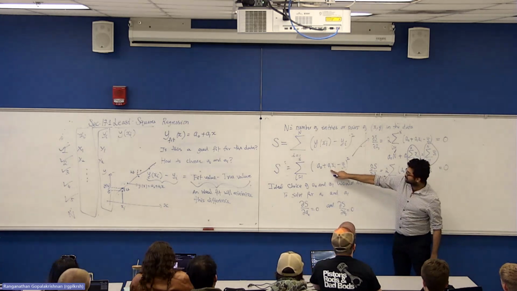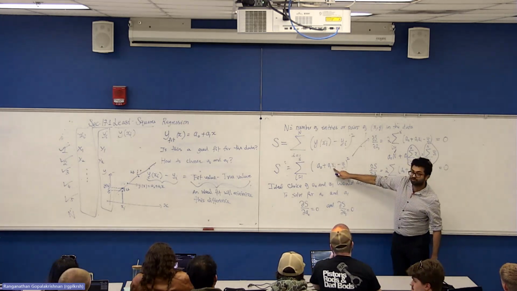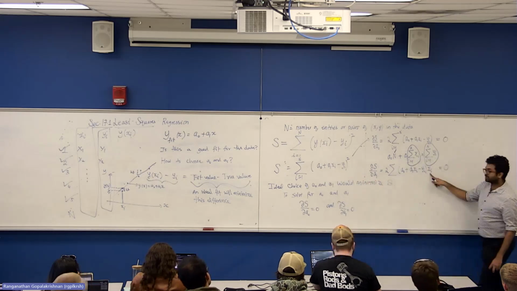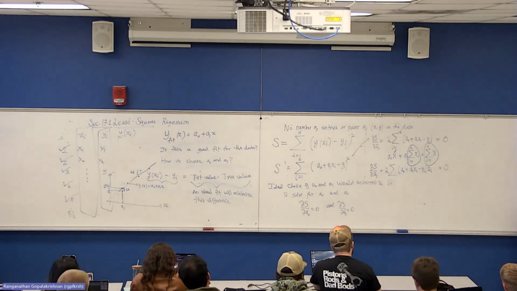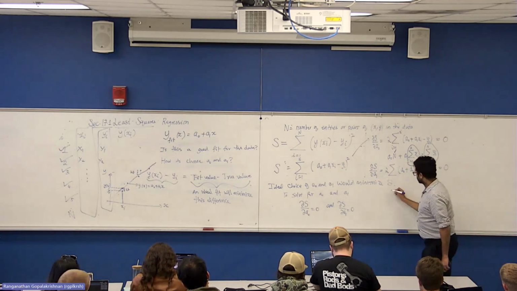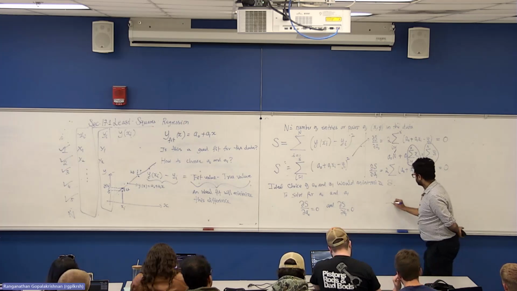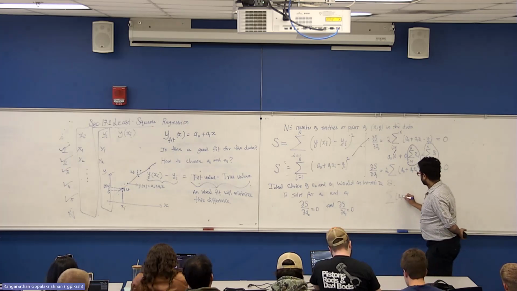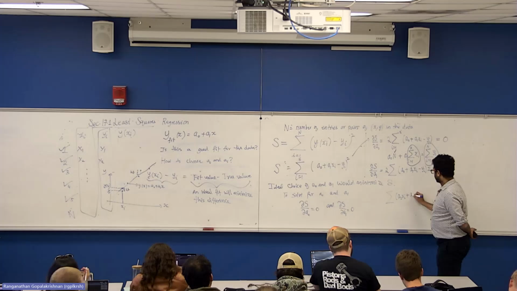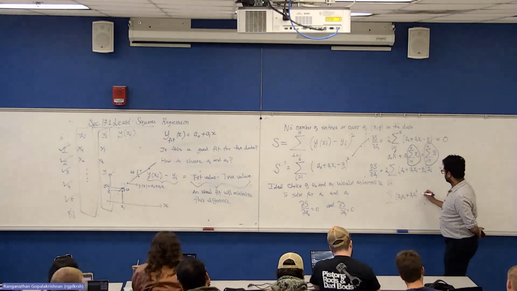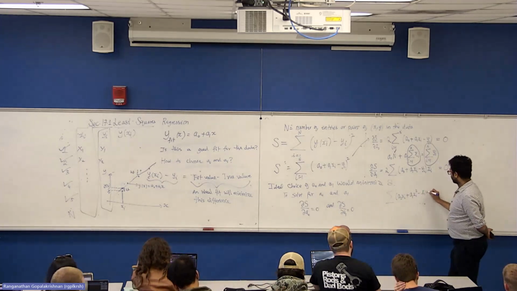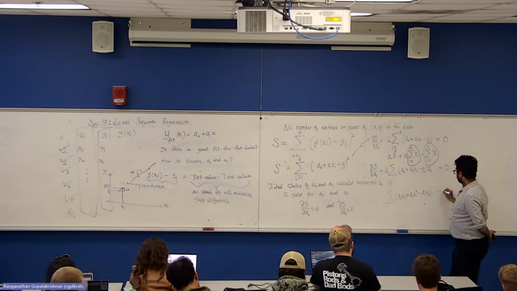So when I differentiate this, if this goes away, this has to remain. So I get xi. Okay. So if I rewrite this, this is going to be summation of a naught xi plus a1 xi squared minus xi yi equal to 0.